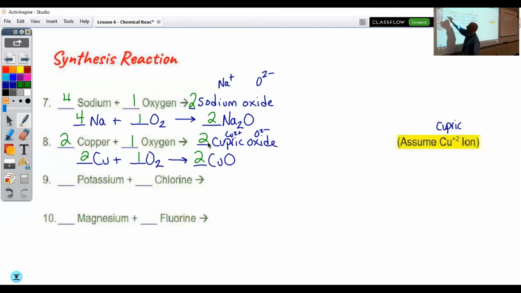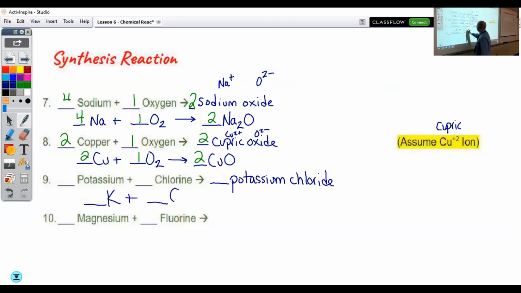For question number 9, we have potassium plus chlorine forming potassium chloride. And in this case, I'm going to start off with K. Remember, chlorine is a diatomic, just like oxygen, so it has to have a 2 there.